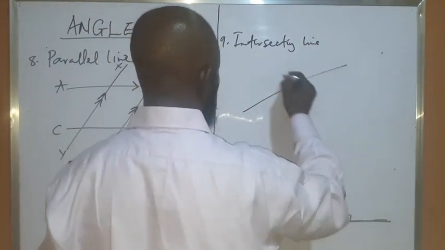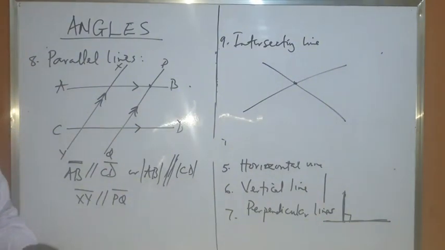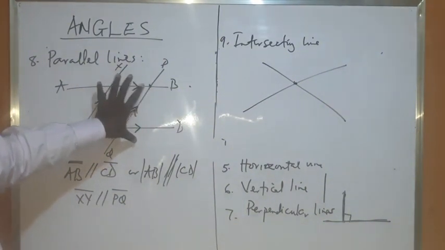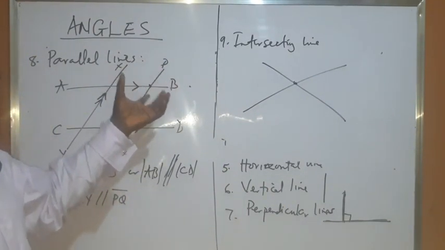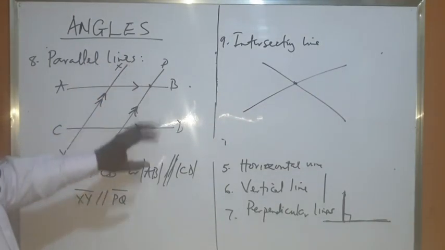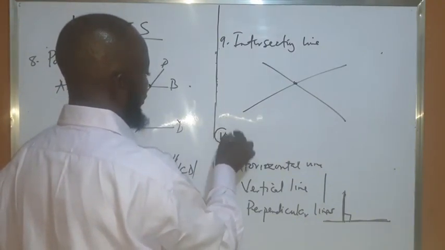When you have lines and they're intersecting, these 2 lines are intersecting. All right. We are still going to look at some theorems here. We have parallel lines and transversal, which we are going to look at. The last one we're going to look at under lines is segments.